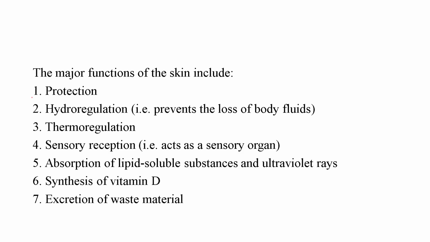What are the major functions of the skin? The skin helps in protection, it protects the body, it acts as thermoregulation, it also prevents the loss of body fluids, so it also acts as hydroregulation, that it is having so many sensory receptors, and it also helps in absorption of lipid soluble substance and ultraviolet rays.